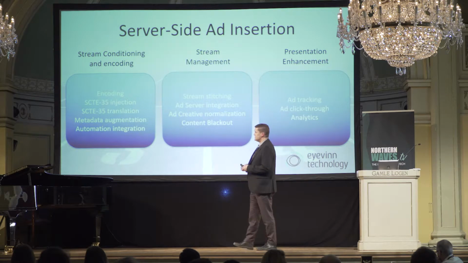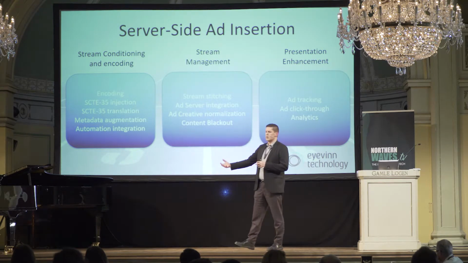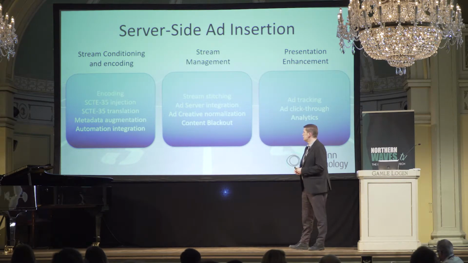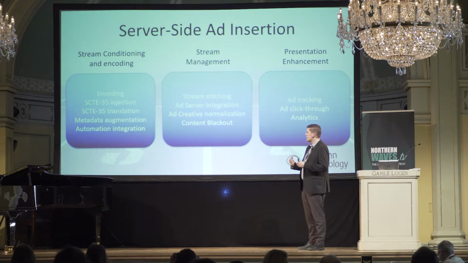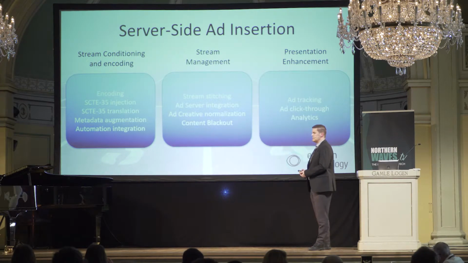You do the translation: if you have an SDI feed with SCTE-104s, then you cut in the 35, you translate the 35. You augment metadata, and you do the automation integration so you know where the ads should be placed. So that is preparing the stream to be able to even do server-side ad insertion later on.